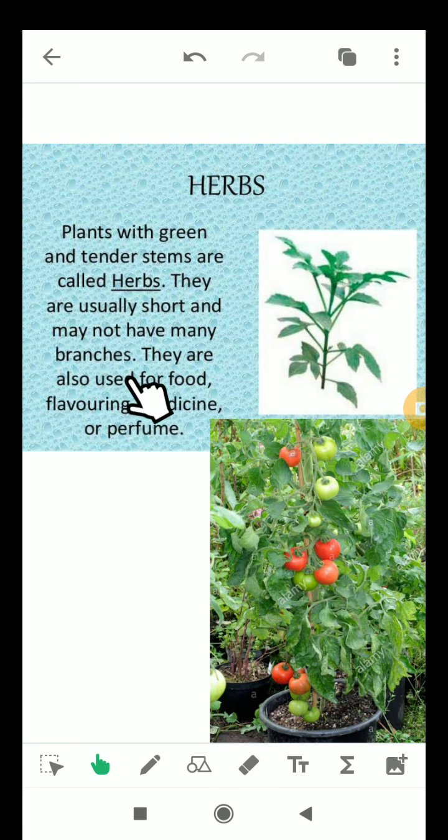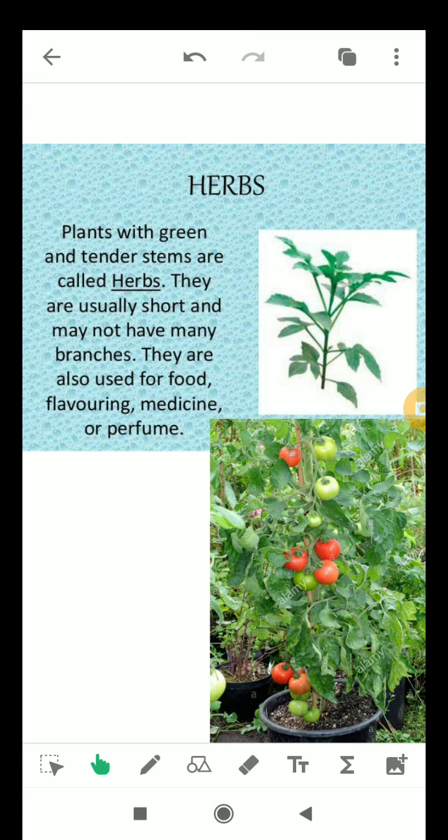So, herbs. Plants with green and tender stems are called herbs. They are usually short and may not have many branches. They are also used for food, flavoring, medicines, or perfume.